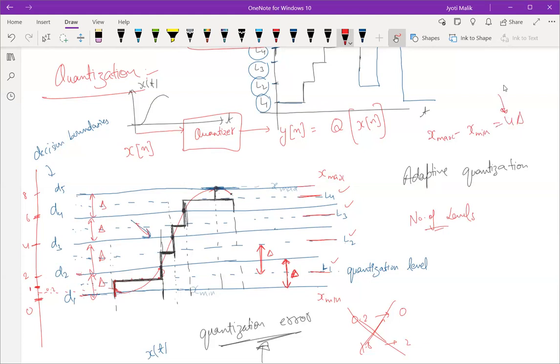Where this 4 is the number of quantization levels. If I want to generalize it, it will be 2 power n. If you take 2 power n in the denominator, we found the general formula for delta. It is the amplitude range divided by the number of levels.